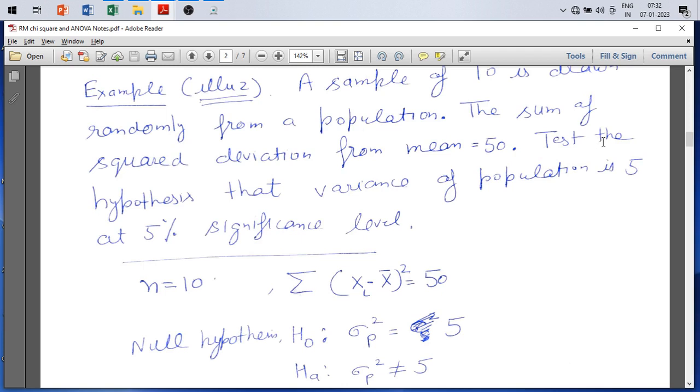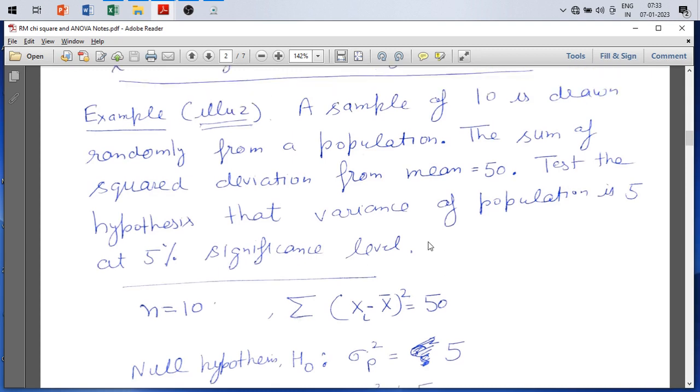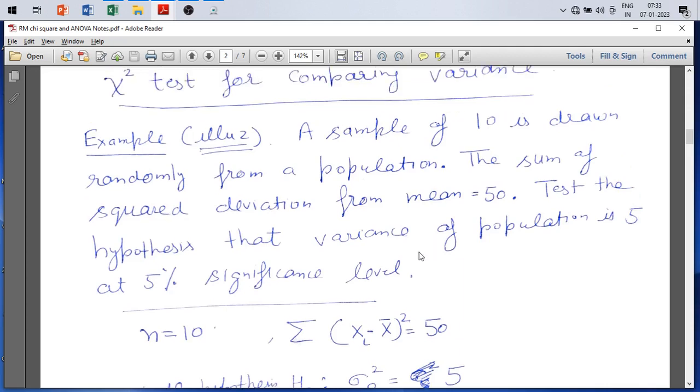Now we have to test the hypothesis that the variance of the population is 5, and we are given a 5% significance level. So this is the question. This will come in the category of comparing variance, because we are looking at whether our sample is from a population which has a variance of 5.